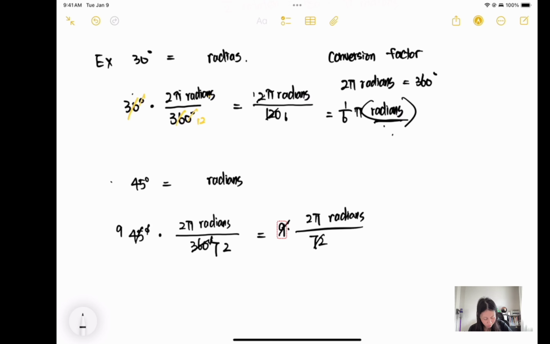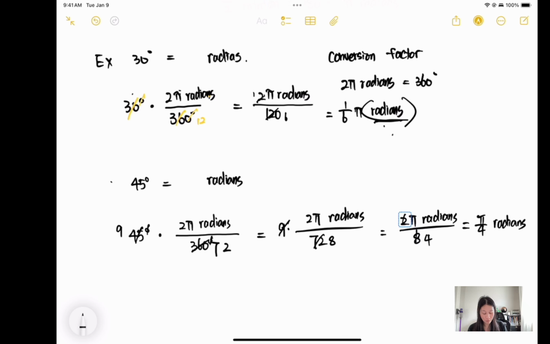You can divide it by 9. So here is 8. So I have a 2 pi radians over 8, because the degree already cancel. Now, 2 and 8 common factor, 2, so I have a pi over 4 radians. So that means 45 degree equals to pi over 4 radians.